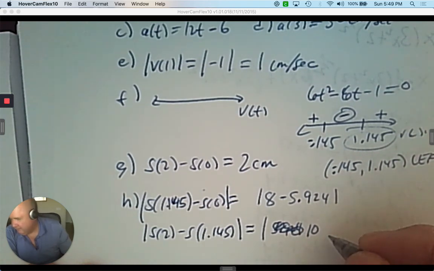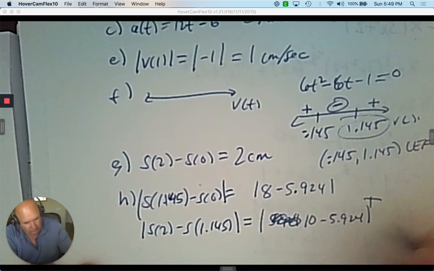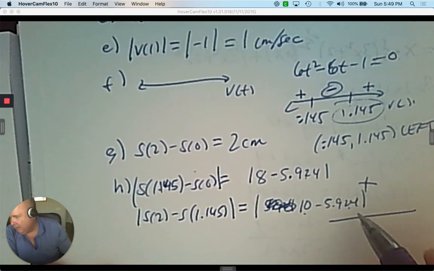So it's 10, take away 5.924. Add those two up. So 8 take away, 10 take away, add that up, and you get 6.151.